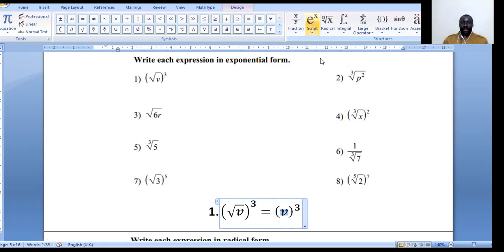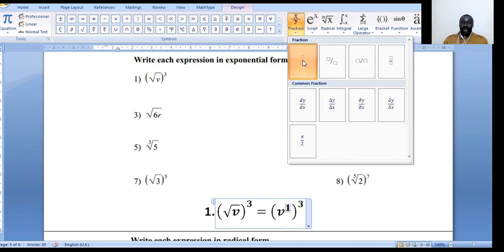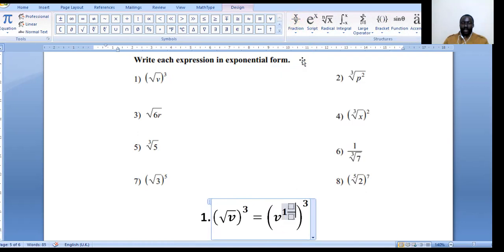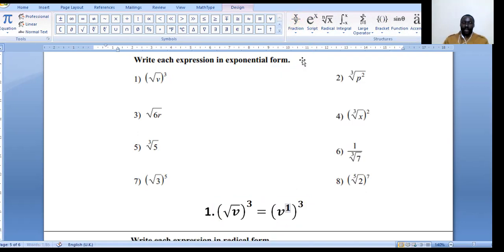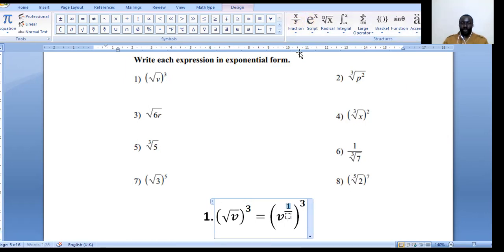That's the meaning of square root. V raised to power 1 divided by 2. Yes, that is the simplification of what is inside the bracket. Now the thing we want to deal with is, how do we then handle this?